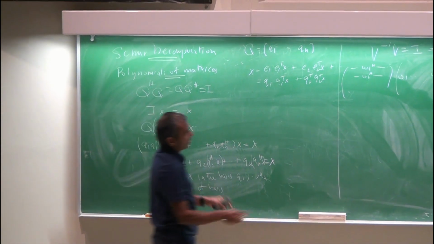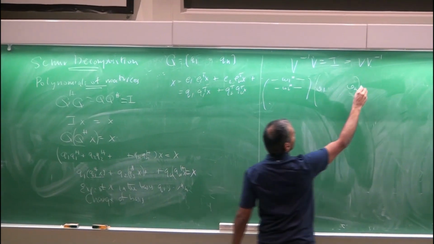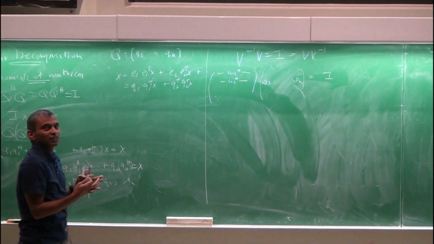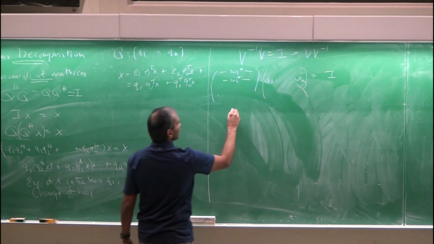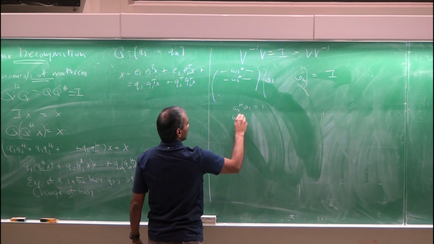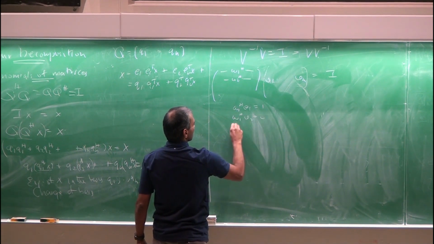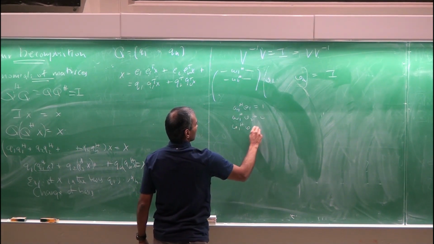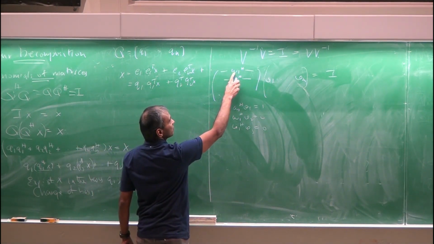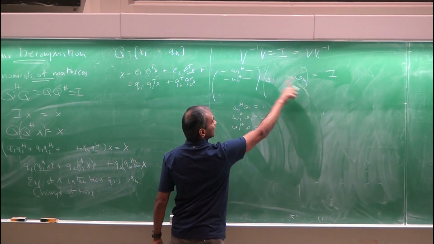Then if I look at this expression equals identity, it satisfies something like an orthogonality relationship. For example, W1^H V1 is 1, W1^H V2 is 0, W1^H V3 is 0, and so on. In particular, the first row of the inverse of V is perpendicular to all the columns except the first one.